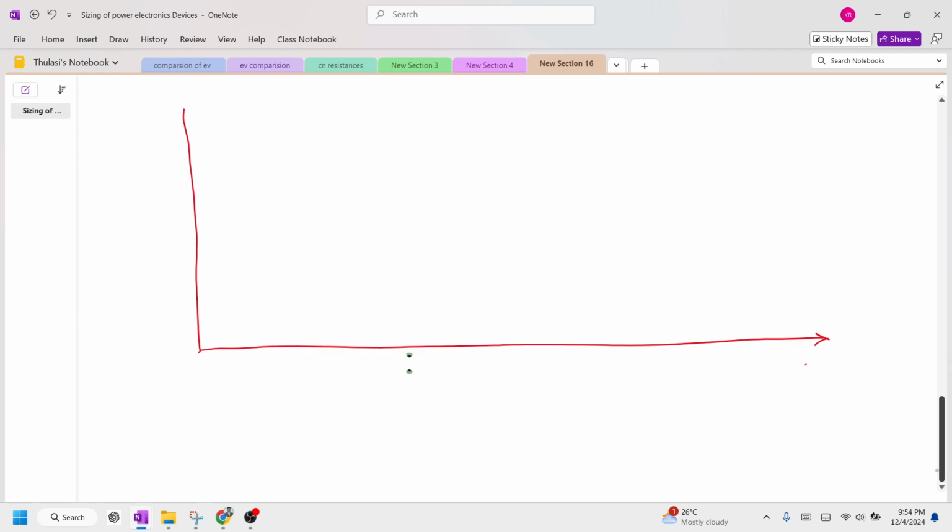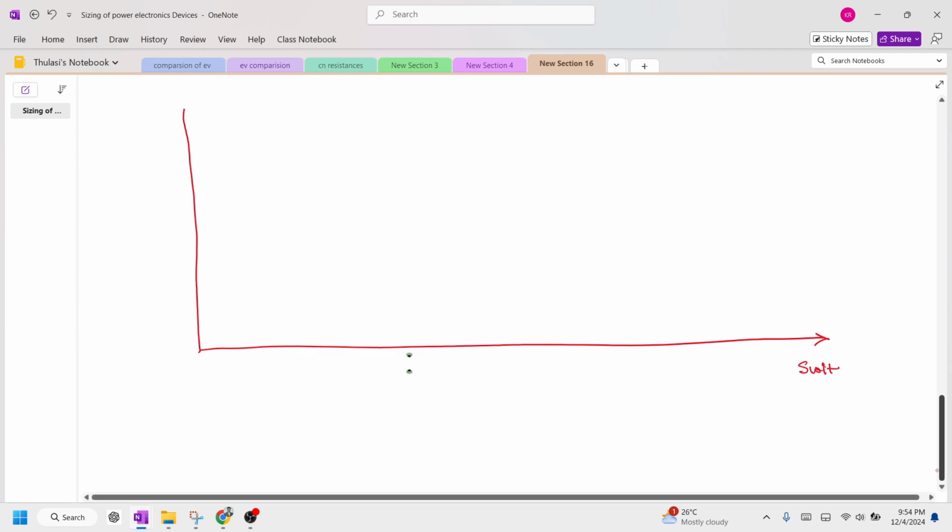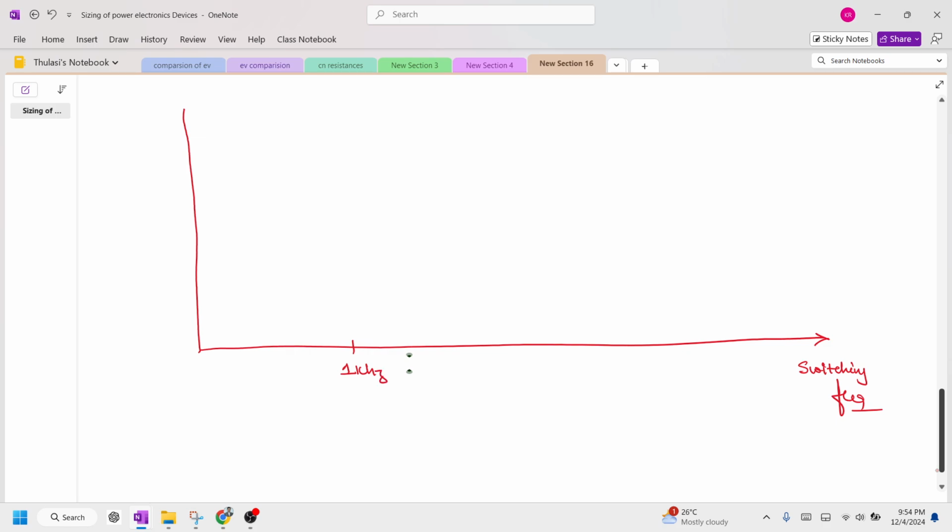On the y-axis, we're going to have the switching frequency, varying from 1 kilohertz, 10 kilohertz, and 100 kilohertz. On the x-axis we are going to have the power handling capability, or the power rating of the device.